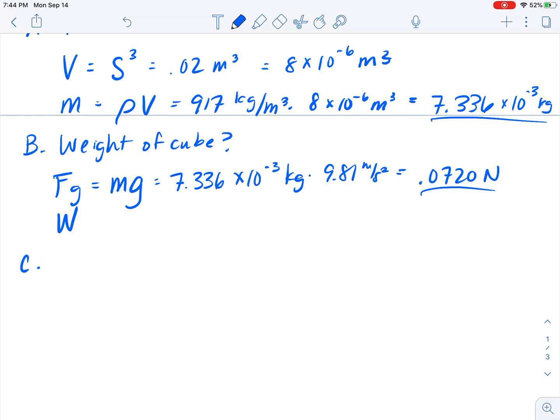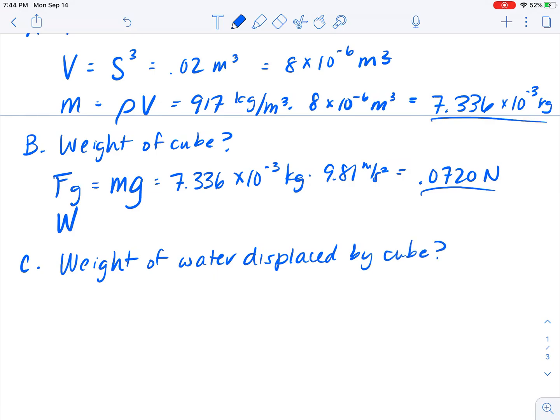Next, how much water is displaced by the ice cube? So this is where we would use Archimedes' principle. This object is floating. For a floating object, the weight of the water displaced is going to equal the weight of the cube.